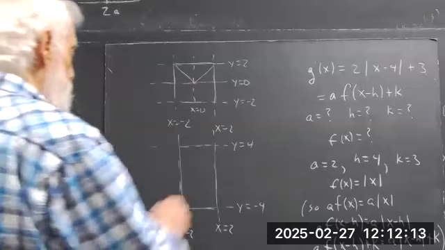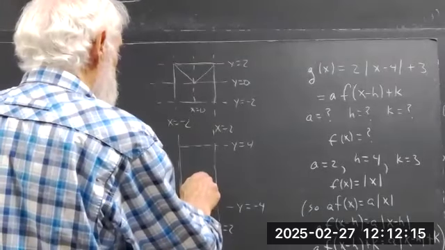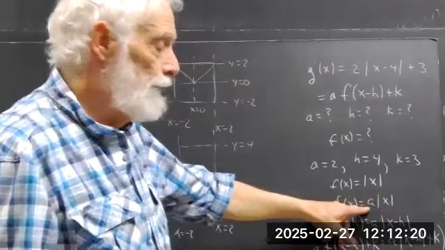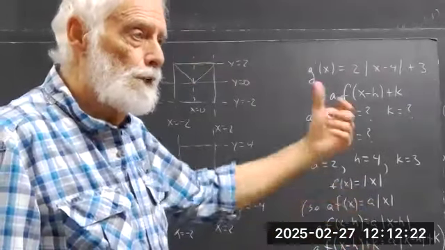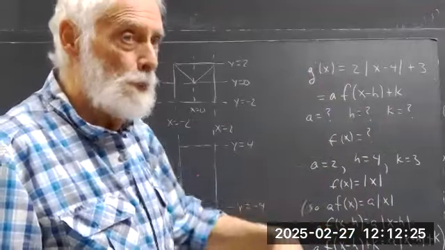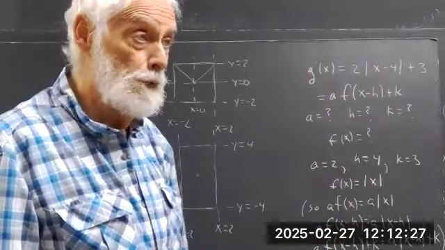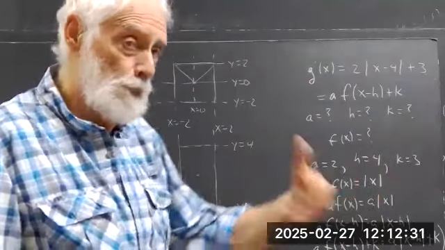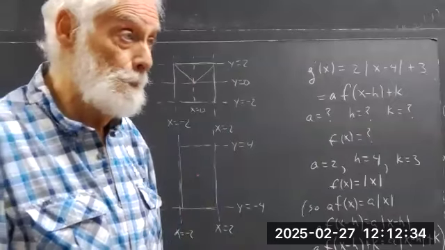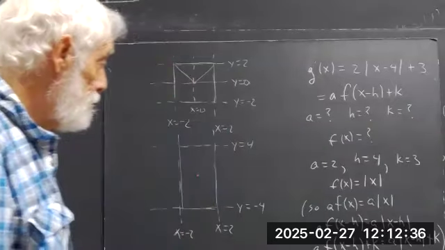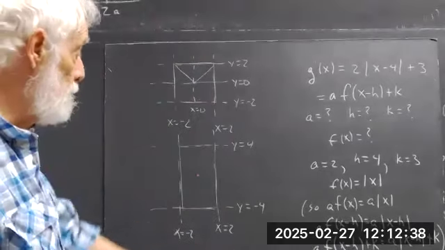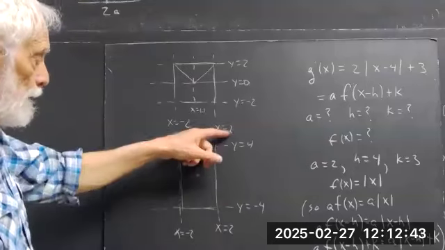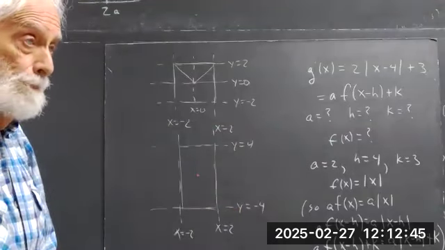do the vertical stretch. What happens if you multiply the absolute value of x by a? That changes all your y coordinates, doubles all your y coordinates if a is 2, right? If a is 3, it would triple them. If a is 0.78, well, it multiplies them by 0.78, right? So if we multiply all the y coordinates by 2, you see that the y equals 2 and y equals negative 2 lines become y equals 4 and y equals negative 4.